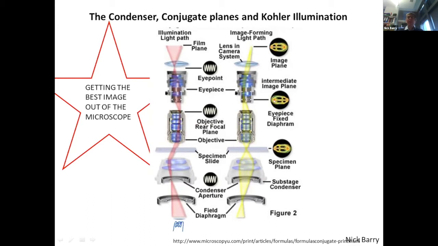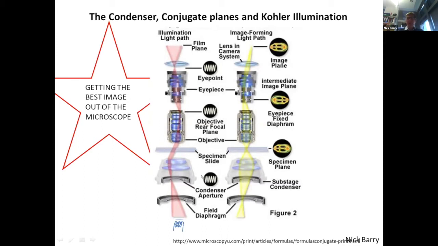So this is conjugate to that as well. This would be where you'd put a camera if you had a camera on the microscope, but obviously with an eyepiece, we've got some more optics, including the lens of the eyeball, rather than in this instance the camera, but that forms a real image on the back of your eyeball. So these are all conjugate planes.